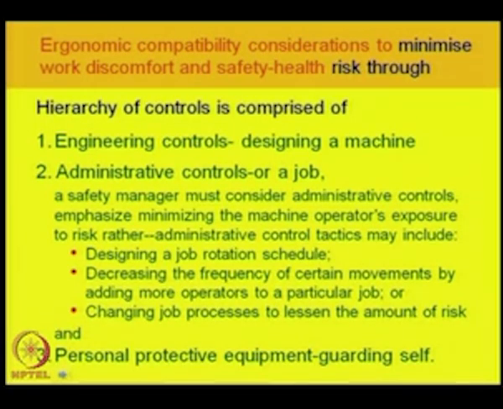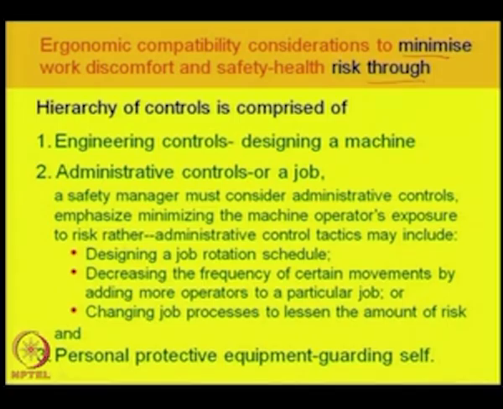Now, the ergonomic compatibility considerations to minimize work discomfort and safety health risk are through the hierarchy of controls, and this hierarchy of controls is composed of number 1, the engineering controls, that is, designing a machine, number 2, administrative control, or a job. A safety manager must consider administrative controls, which emphasize minimizing the machine operator's exposure to risk.